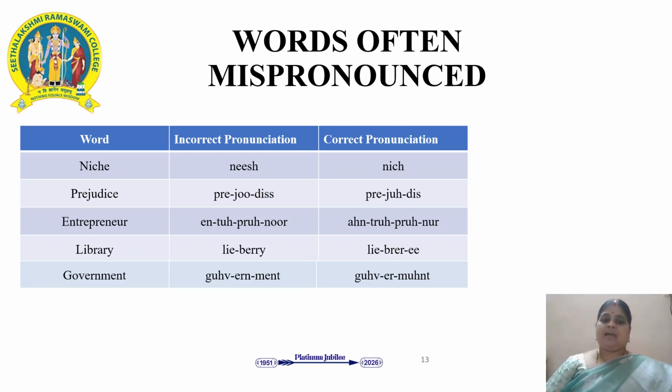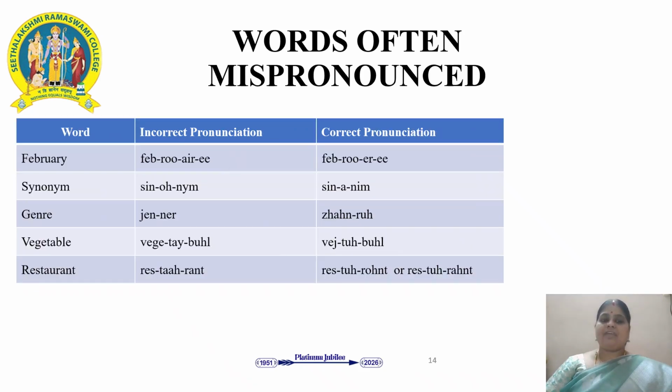This word, the second word, P-R-E-J-U-D-I-C-E, is often mispronounced. E-N-T-R-E-P-R-E-N-E-U-R, L-I-B-R-A-R-Y, government, February, and synonym are also commonly mispronounced.